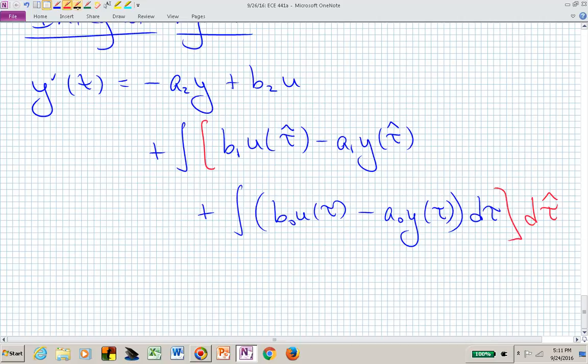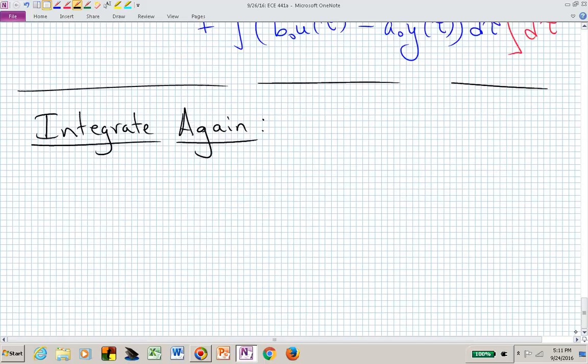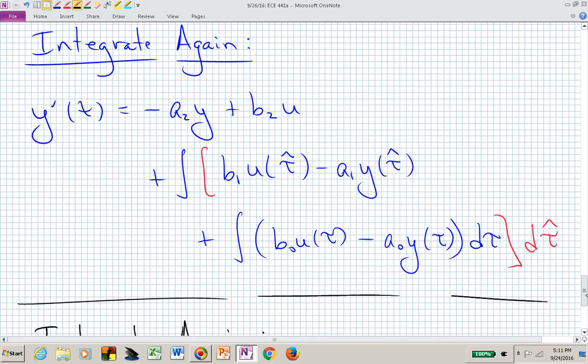And if we do that step one more time, if we integrate a third time, I will now end up with really what I wanted, which was my output by itself without any derivatives on the left. This is now equal to the integral, and now I'm going to change brackets. I'm going to do a curly bracket, b sub 2 u of, let's say, tau tilde, again changing the variable.